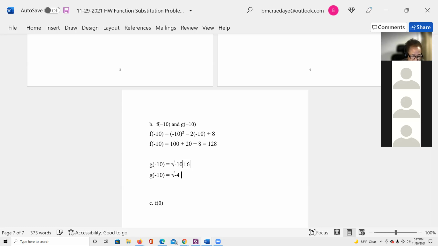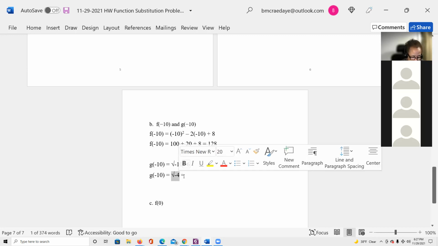I need something with 4. 4 and 1, right. So this becomes the square root of negative 4.